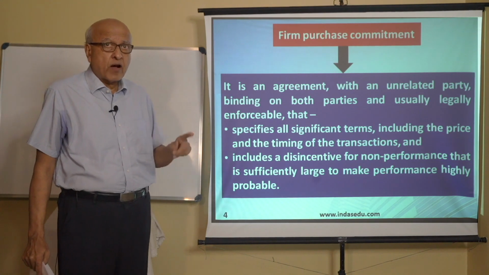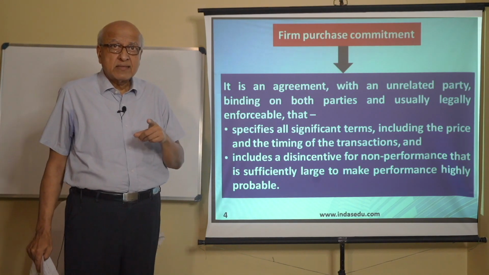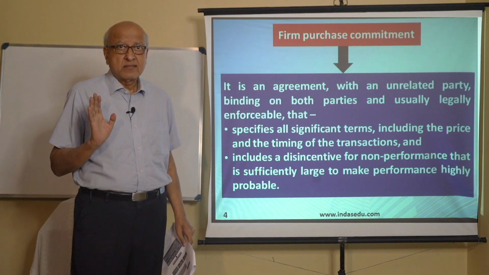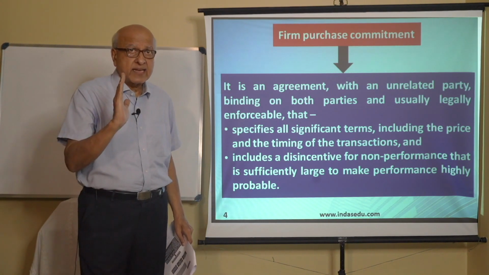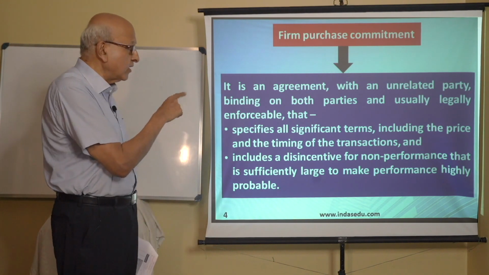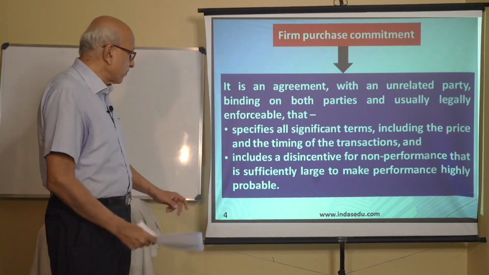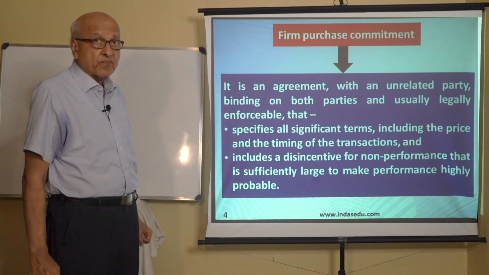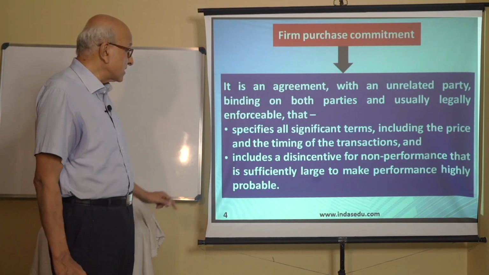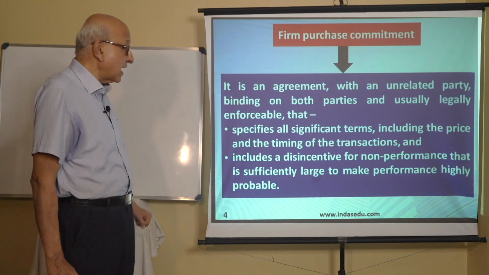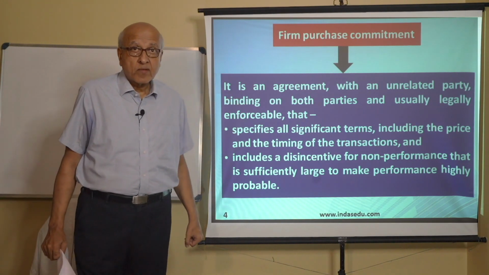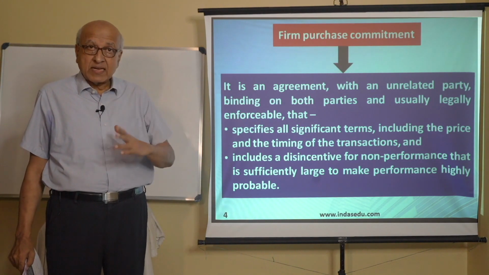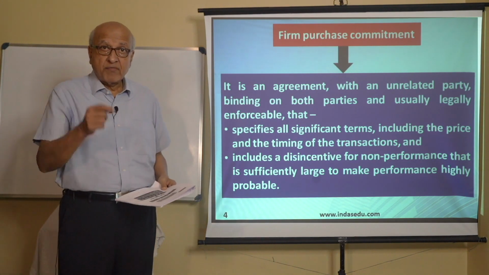Failure to perform will warrant a penalty, which may be significant. So, before cancelling that agreement, they need to think. Include a disincentive for non-performance that is sufficiently large to make performance highly probable. So, if anybody fails to perform, that will warrant a penalty, which may be a significant one.